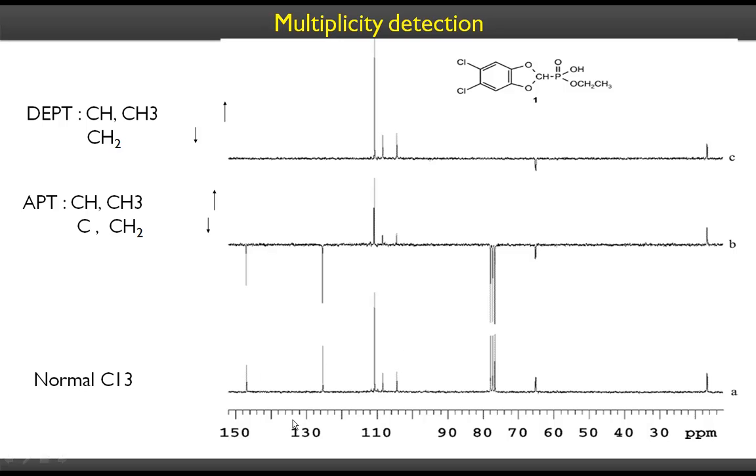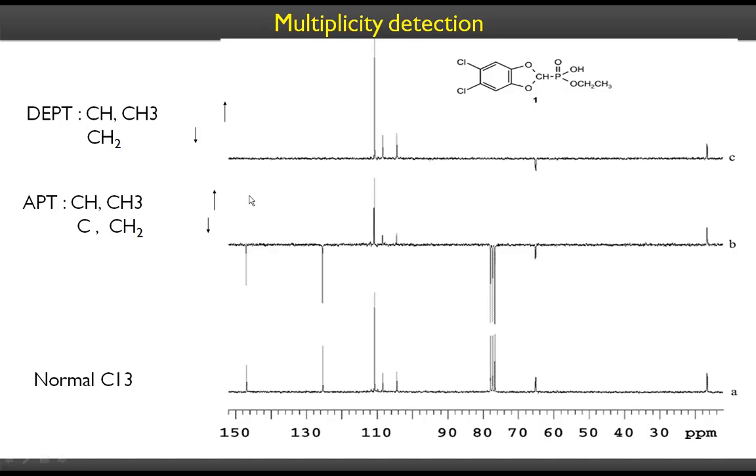That intensity is due to the relaxation time differences. The carbons which have hydrogens attached relax pretty fast. The carbons that do not have hydrogens attached, such as quaternary carbons, relax slowly. So the intensity that those C13s produce would be small. Those peaks are not seen in DEPT, whereas in APT the quaternary carbons are seen as negative peaks.